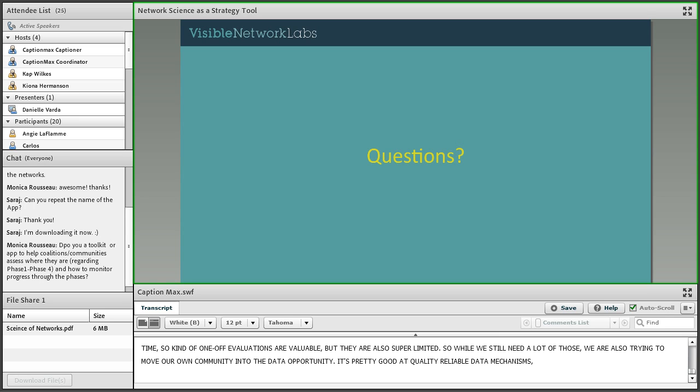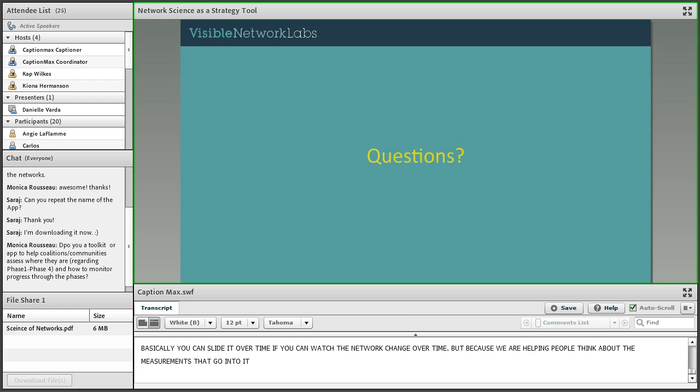While we do a lot of those for people, that's actually how we keep the lights on at Visible Network Lab, we're also trying to move our own community into this data tracking and learning system where they will come in, put their list of partners in, and we're trying to build really good quality, reliable data collection mechanisms so that people can track it over time and track their phases. We're hoping to have that all incorporated over the next 4 to 6 months, because it's something that we've learned ourselves.